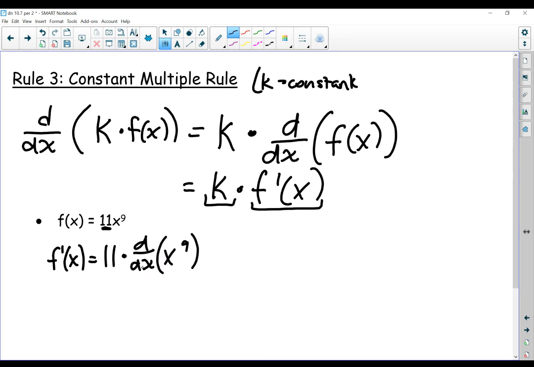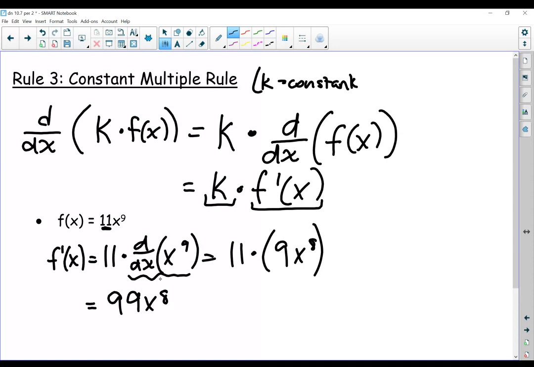I never need to see this step, but you need to understand that this is technically what is happening here. So then I would end up with 11 times, and if I find the derivative of x to the 9th, that is 9x to the 8th. Which, if I simplify that function, would become 99x to the 8th. So technically, this is what's happening.